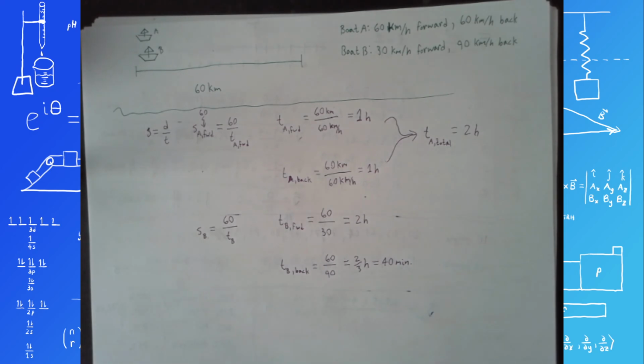And there you go. What are the average speeds of the two boats? That's a bonus question from me. What are the average speeds of the two boats? Assuming that their speeds were constant on the way forward and then constant on the way back.